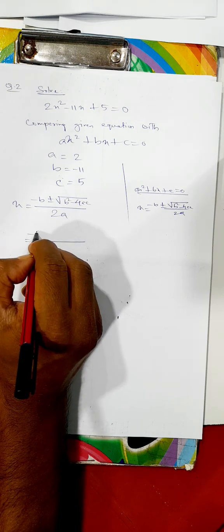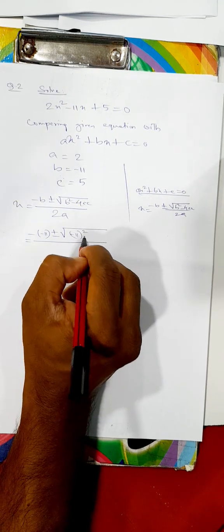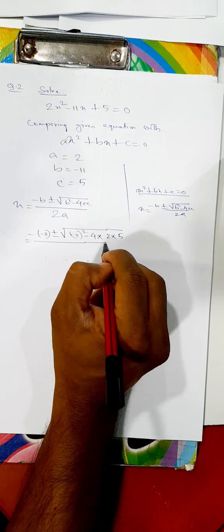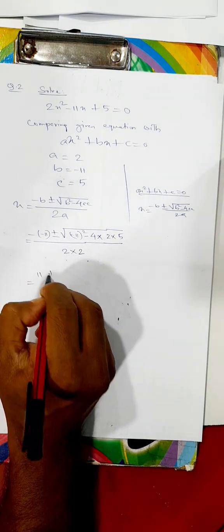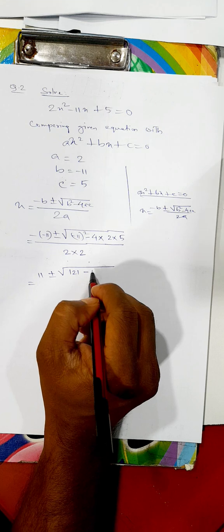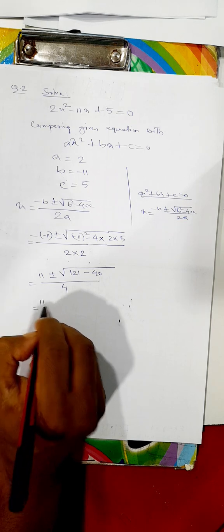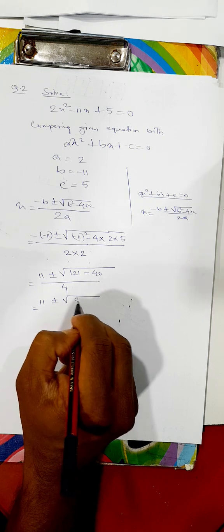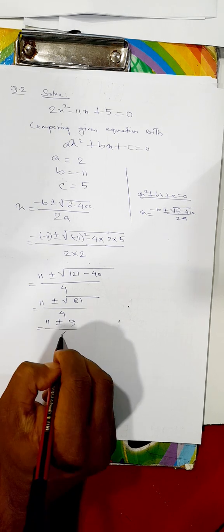B means minus 11, plus minus b square means minus 11 square minus 4 into a means here 2, c means here 5, divided by twice a, 2 into 2. So minus minus plus 11 plus minus 11 square 121, 4 into 2 into 5 is 40, divided by 4, 11 plus minus square root of 121 minus 40, this becomes 81, divided by 4. 11 plus minus 9 divided by 4.